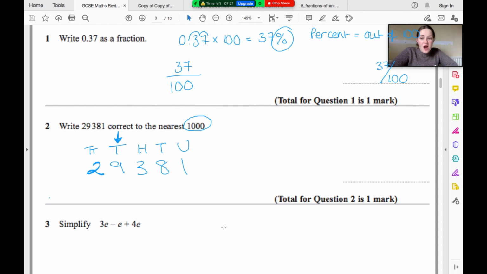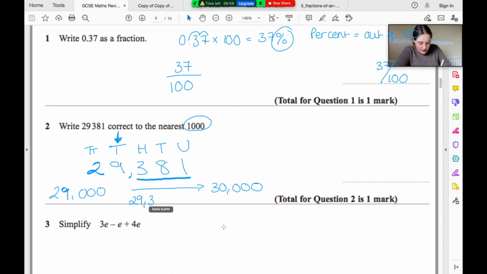Okay, so that's 29,000. So if it's 29,000, I need to know, is it closer to 29,000 or 30,000? Because they're the two whole thousands that we're trying to find out whether it's closer to either of those. So 29,381, now we could decide by writing that there in the middle, is it closer to 29,000 or is it closer to 30,000?